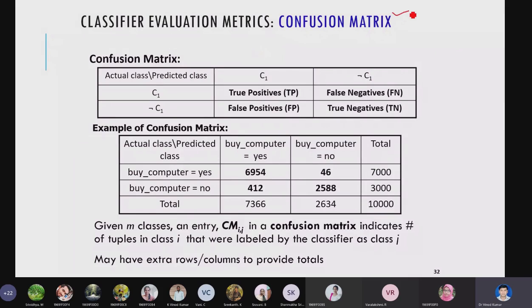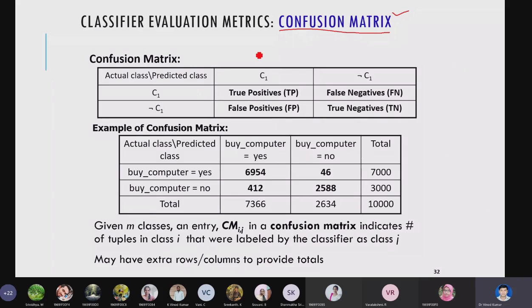The confusion matrix is in tabular form. The results are arranged, and based on that we perform some calculations.